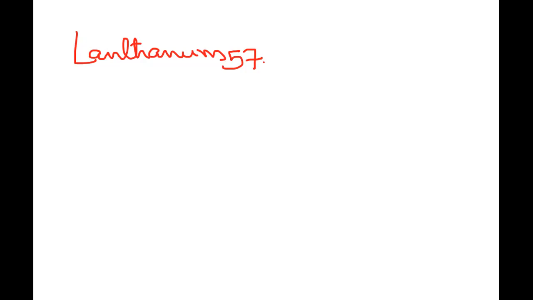So if I'm talking about lanthanum with atomic number 57, the electronic configuration will be written as xenon, and then should I write 5d or should I first write 4f? See, when you do the Aufbau table, 4f is going to come first after the xenon.